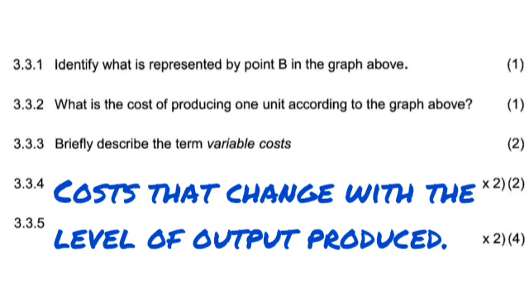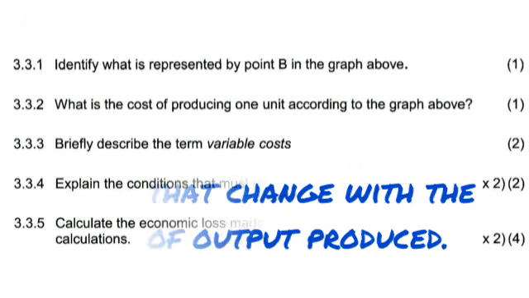So average cost basically depends on the number of units that we have produced. When I have produced 10 units, my average cost is going to be different from if I produced 15 units or if I produced 20 units. So it depends on the level of output that is produced.